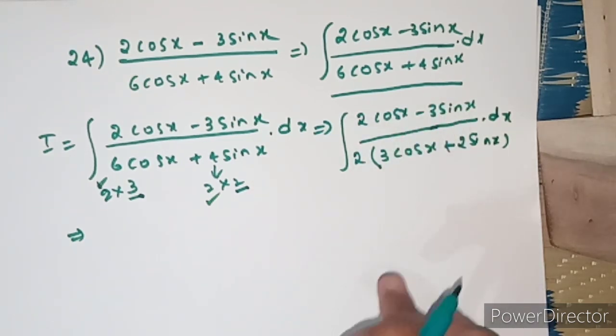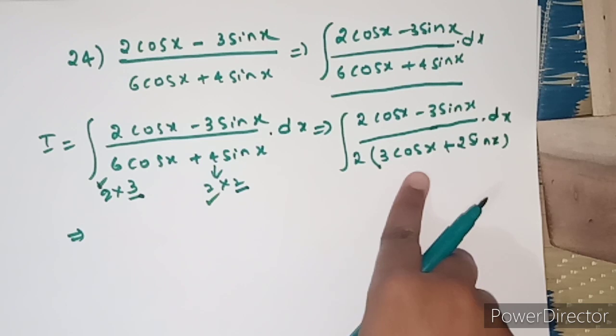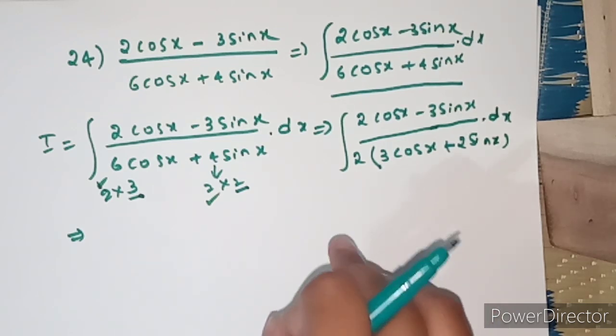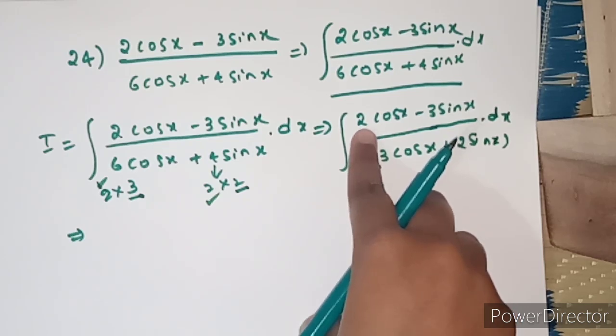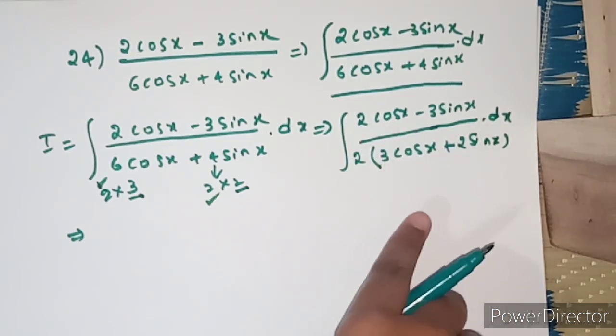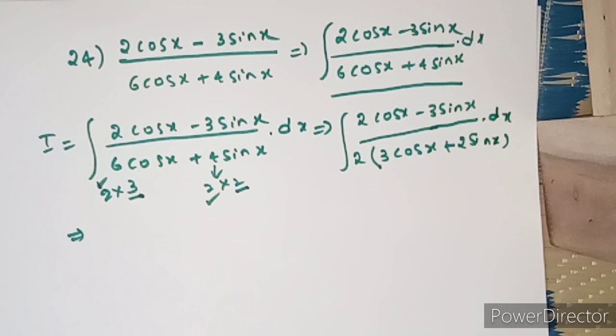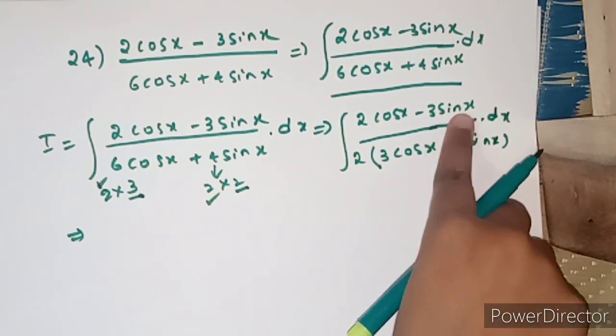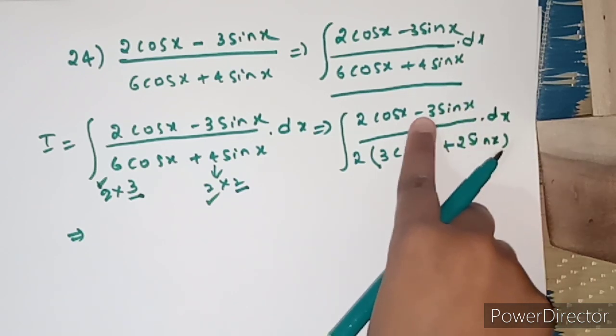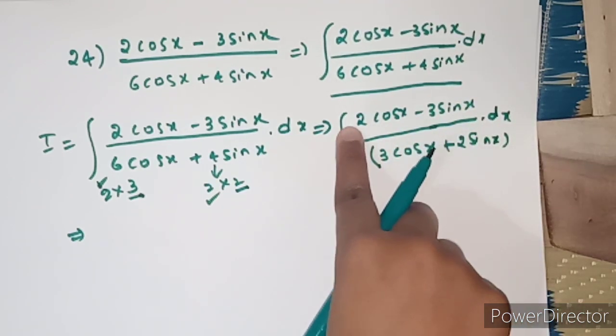If you solve this integral by taking this function as t, you can get the answer easily. If I take the other function as t, the derivative of 2 cos x is minus 2 sin x, and the derivative of 3 sin x is 3 cos x. Here we have minus and here also we have minus.